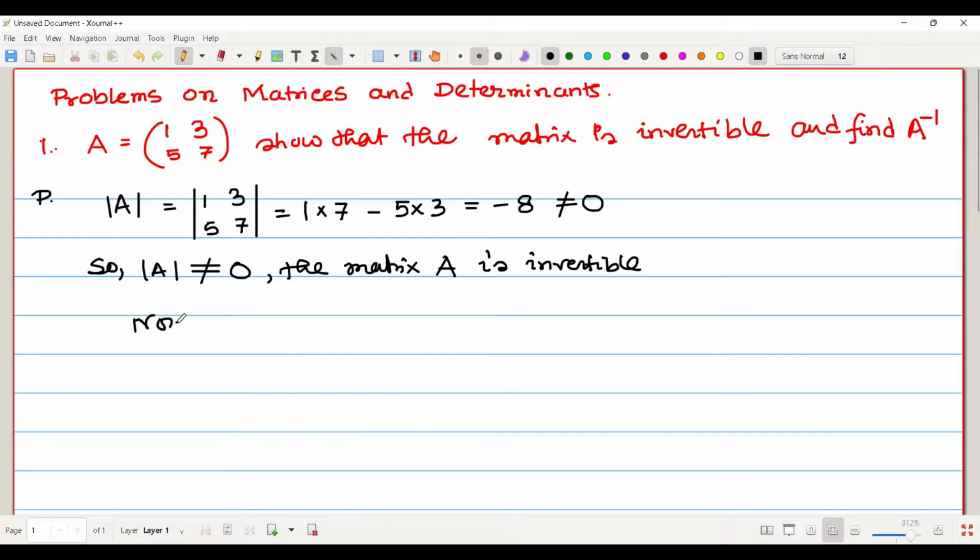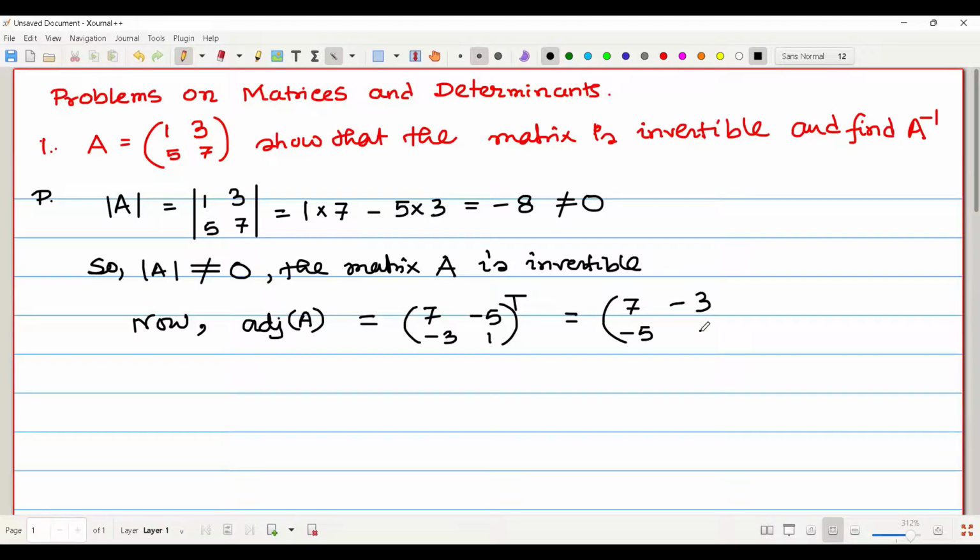Now we can find the adjoint of A. The adjoint of A is, that is 7, minus 5, minus 3, 1, the cofactors, and its transpose. So the adjoint is now 7, minus 3, minus 5 and 1.